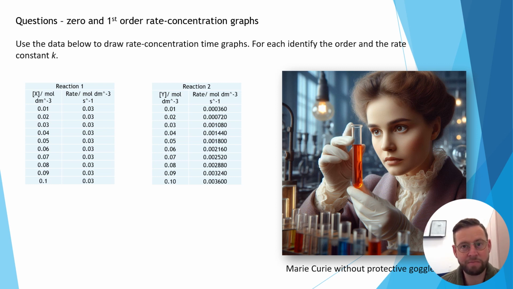If it's a straight line increasing, then it's first order. And from both, you should now be able to work out the rate constant k, remembering that the value of the rate on a zero order graph is equal to the rate constant, and on a first order graph it is the gradient of the concentration rate graph.